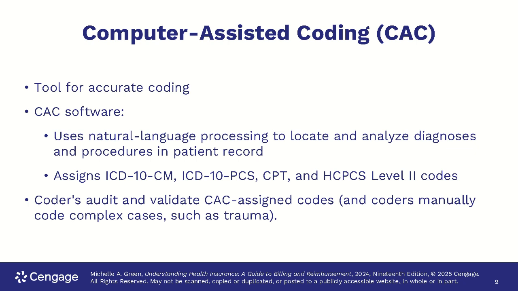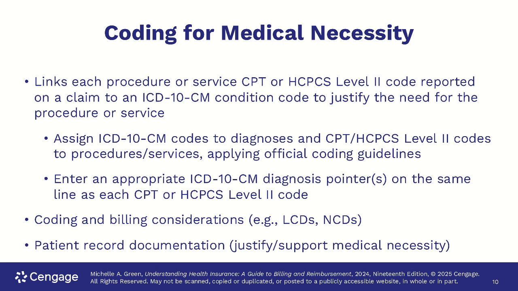There is some uncertainty by coders with the use of computer assisted coding because, why do we have to check the computer's work? But the computer assisted software, just like other types of artificial intelligence, machine learning, eventually is going to get it right. So you have to figure out what role you will play.